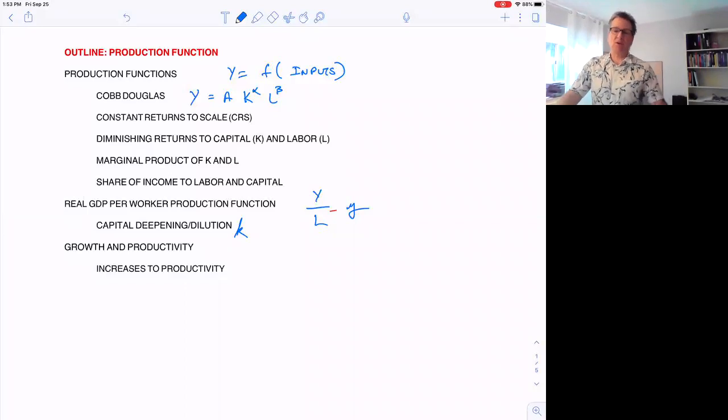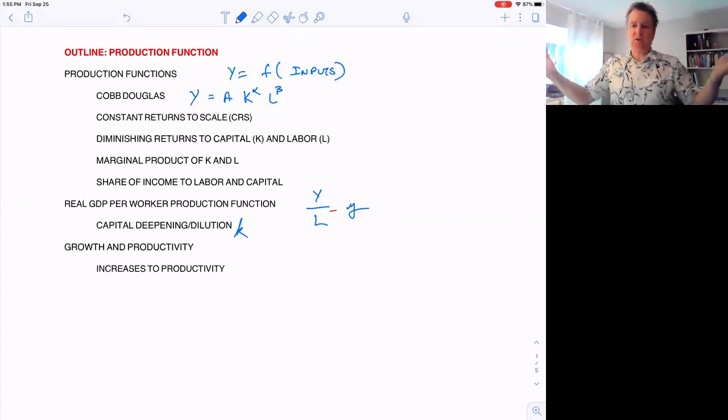But if we're going to grow, we have to increase productivity, worker productivity, because we pretty much grow at the rate that our productivity grows at. Now, if we want to increase our standard of living in the country, then we got to find ways to increase the worker productivity.